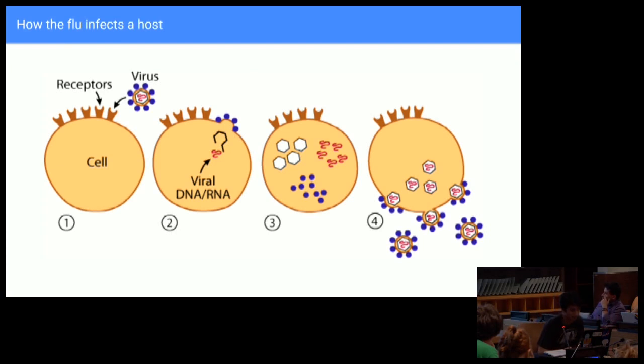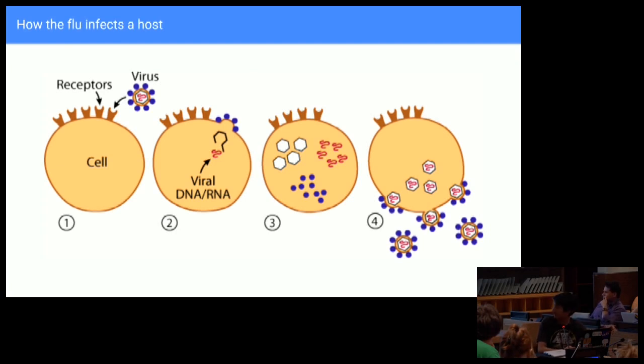So, from this research, I decided to look at those specific proteins, those little purple dots on the outside of the cell. In the flu, those are called hemagglutinin and neuraminidase, and being biologists, they had to come up with extra long names for them. So for now, we'll just refer to them as HA and NA.